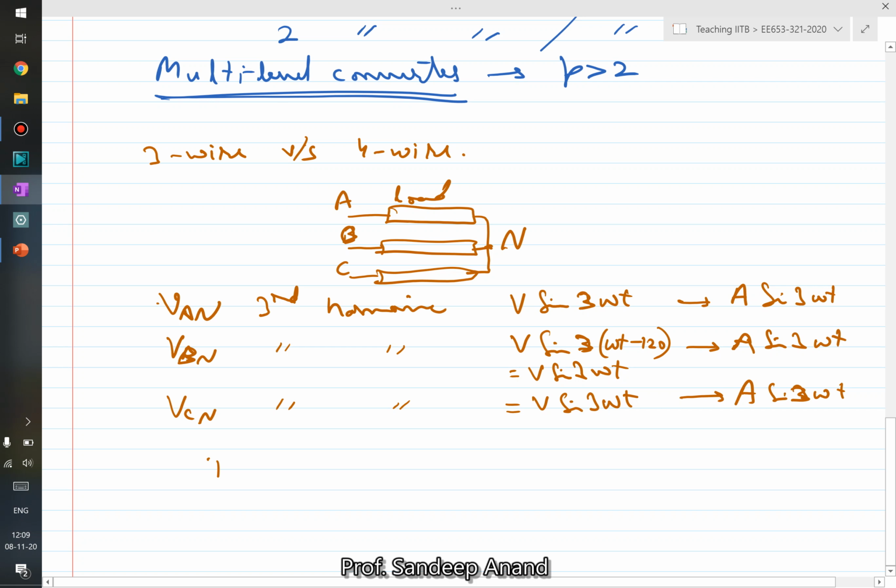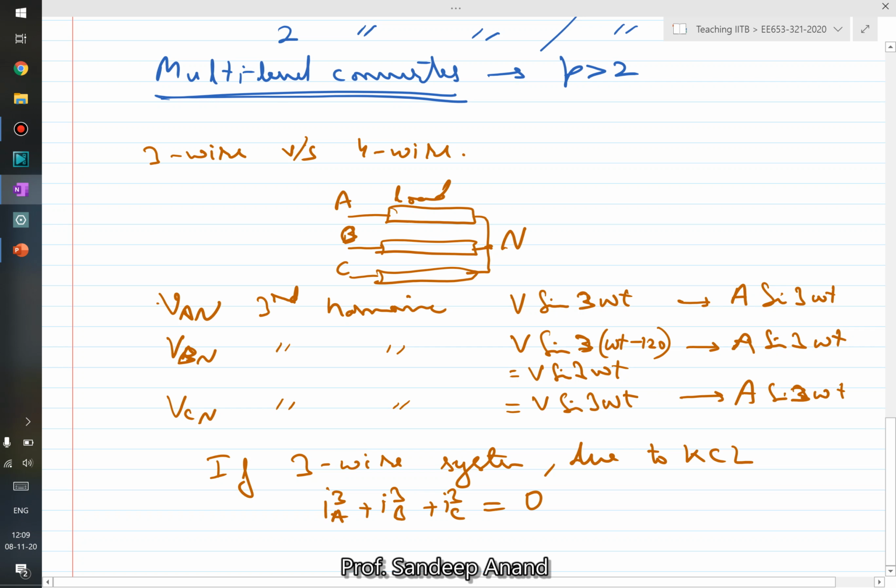Now if it's a 3-wire system, that means your neutral is not connected anywhere, neutral is floating. In that case, because of KCL, third harmonic current of A phase plus third harmonic current of B phase plus third harmonic current of C phase must come equal to 0.